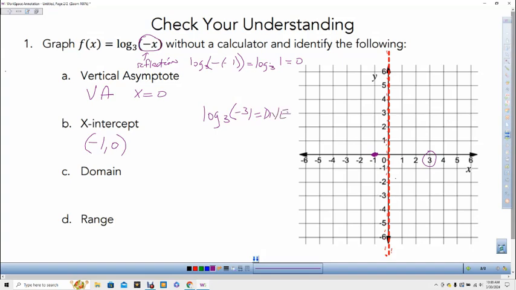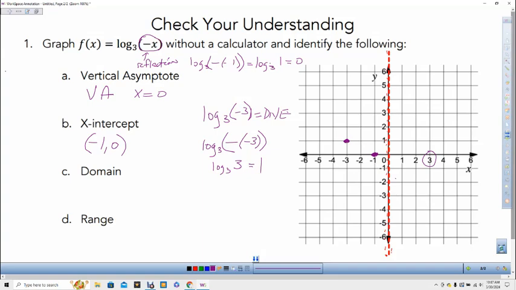But once again, the same exact way we did with the -1, if we flip over to the other side and do -3, log base 3 of negative x, and then plug in the value -3, we end up getting log base 3 of negative times negative, which gives me a +3, and that's going to give me 1. So over here at -3, because that's the value that I plugged in for x, I'm going to have a value of 1.